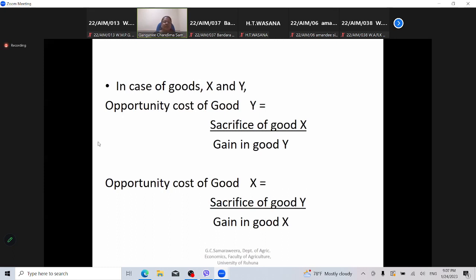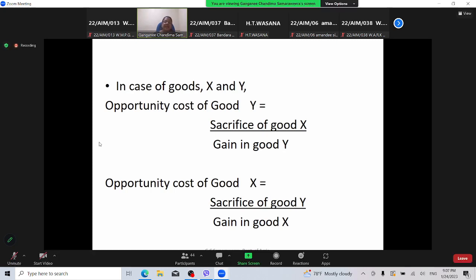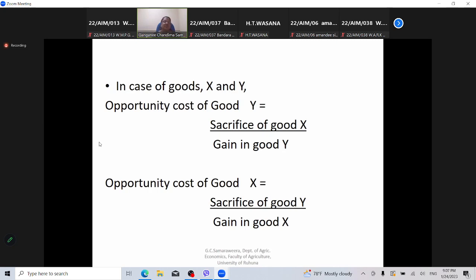So the opportunity cost of good Y means the sacrifice of good X divided by the gain in good Y, because you are telling the opportunity cost of good Y. If you have the values, let's say you have the laptop and the smartphone, you have to give up this laptop.